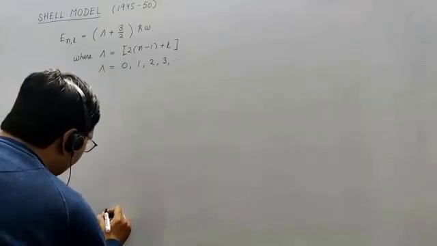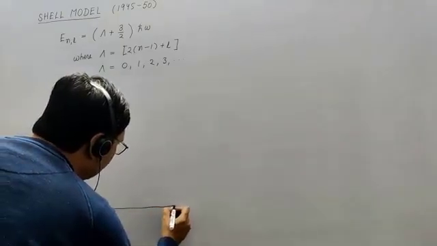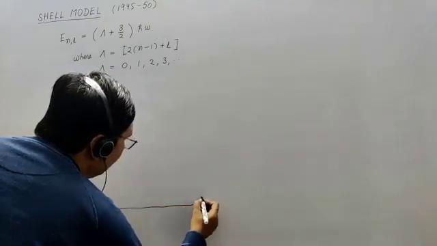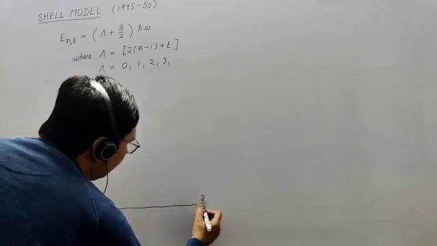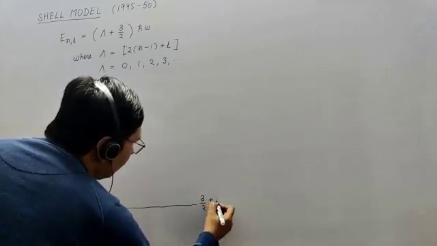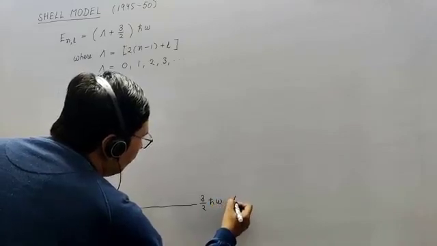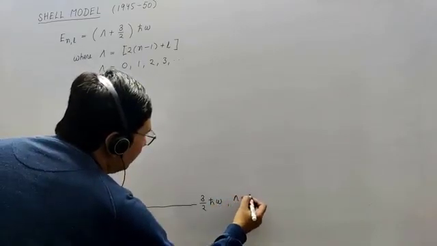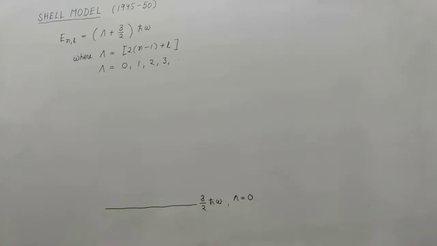This is the lowest energy level, corresponding to lambda equal to 0. When we take lambda equal to 0, we get the first energy level.